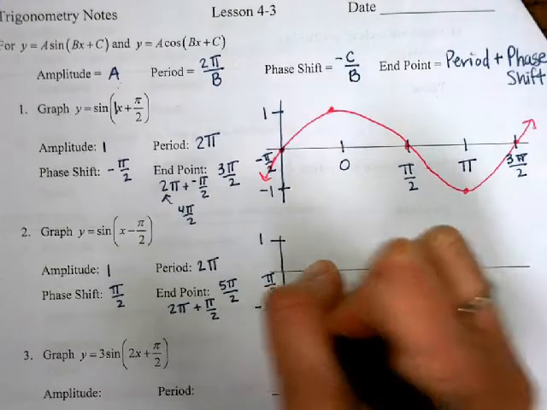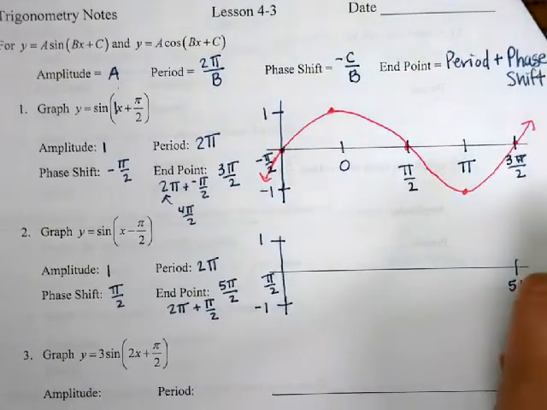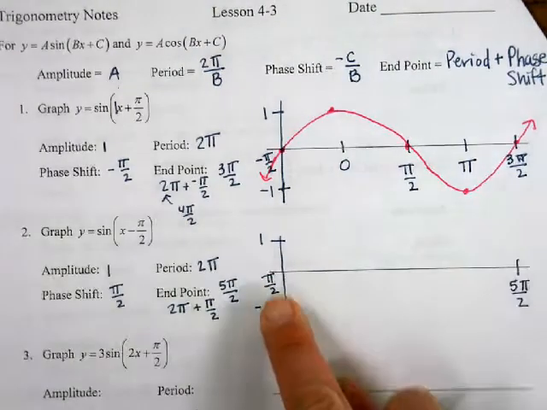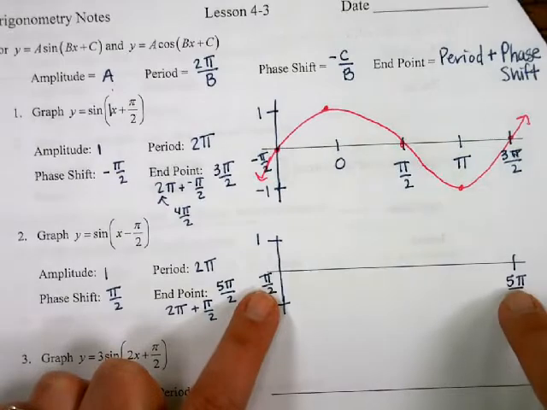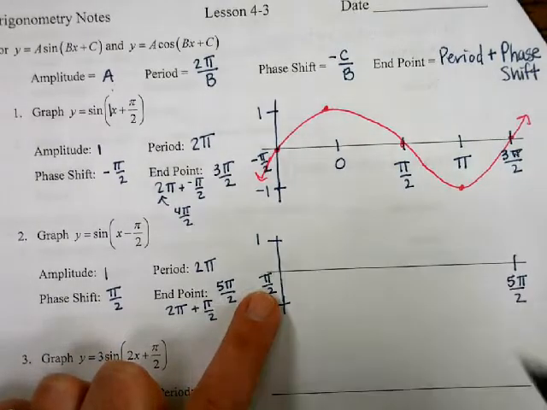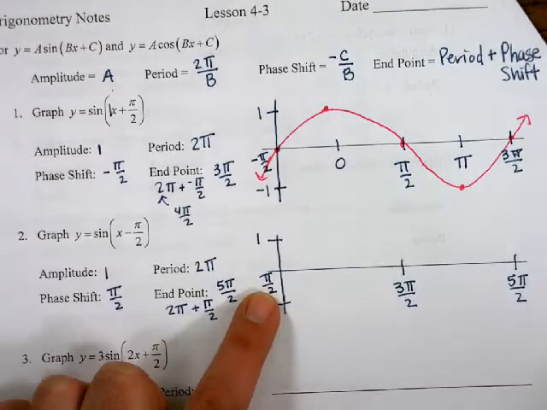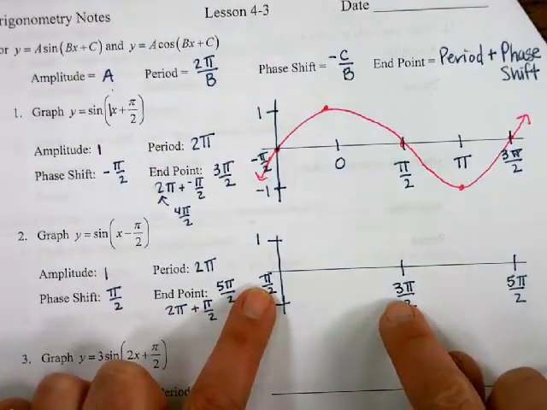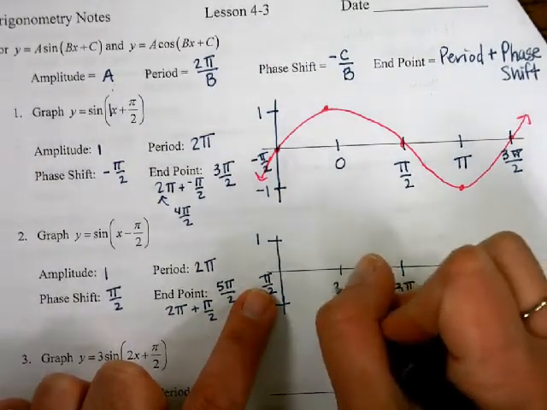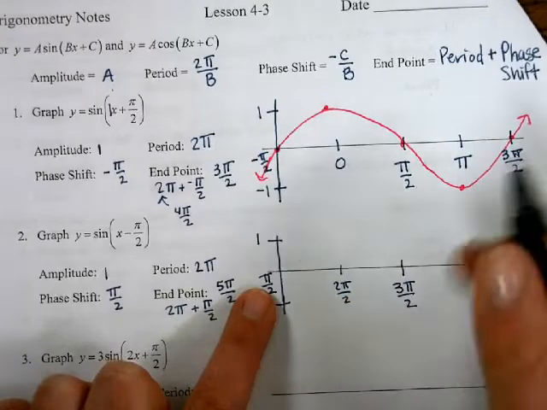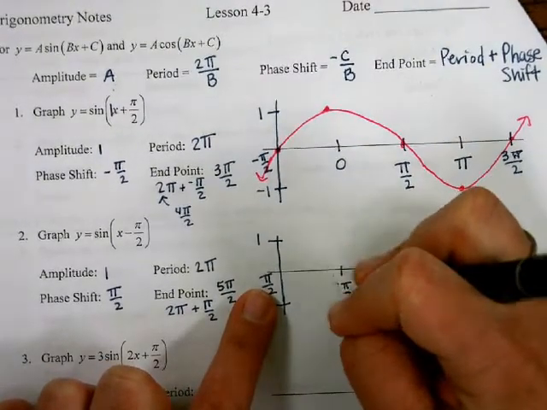Phase shift goes first, endpoint goes last. 1 plus 5 is 6, cut it in half is 3 pi over 2. 1 plus 3 is 4, cut it in half is 2 pi over 2, which reduces to just pi.